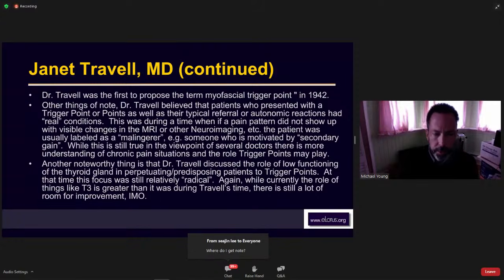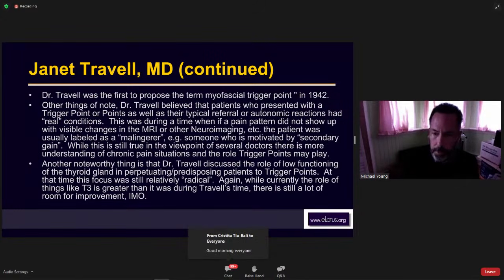She didn't buy into that, and she entered into the world of the patient and took their pain seriously, and then mapped out the trigger point model.